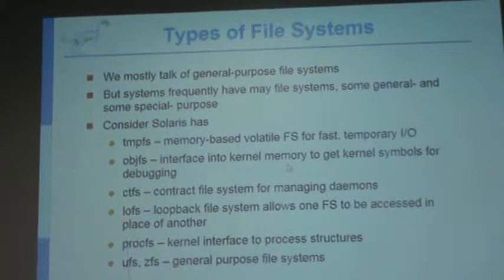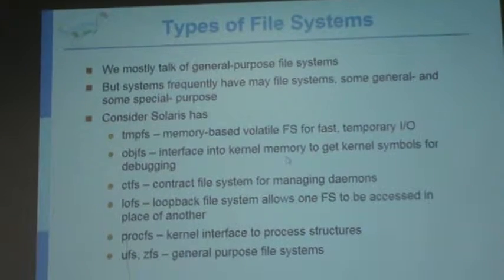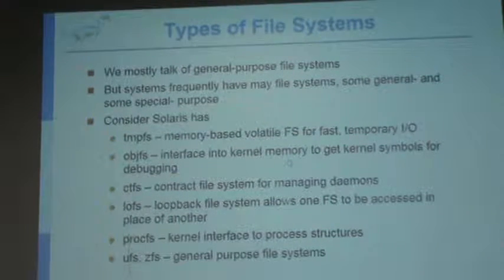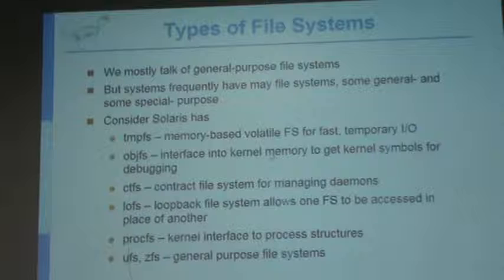So there are different types of file systems. Okay, mostly when we say file system, it is a general purpose file system, but nowadays there are specific purpose file systems, for example Solaris has TMPFS, which is memory based. The file system is volatile because it's located in the memory. Also it can be used for temporary I/O, which means like when you are sorting data, you need very fast input and output.